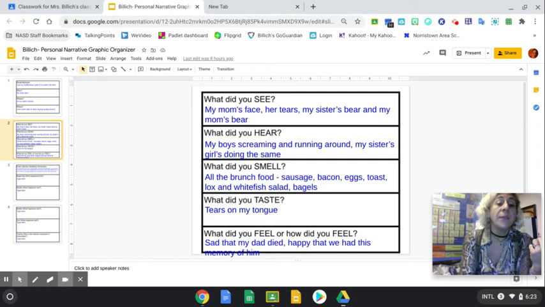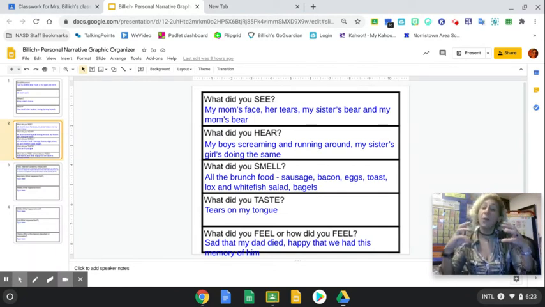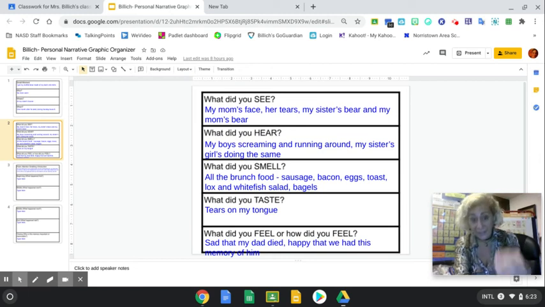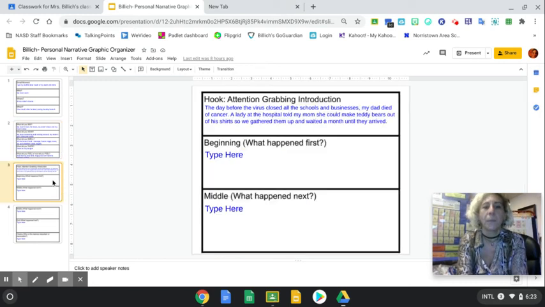And then in the third part of the graphic organizer, your students are supposed to try to flesh out the beginning, middle, and the end of their graphic organizer. And it looks like this. There's an attention-grabbing introduction.